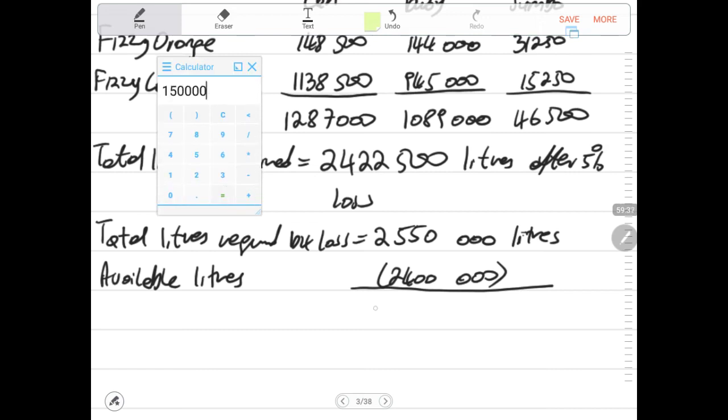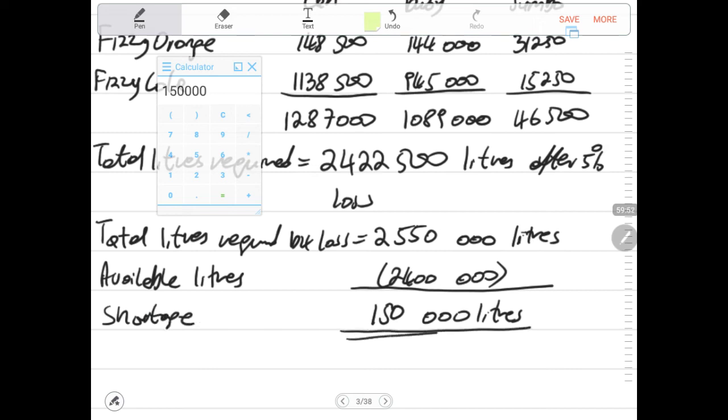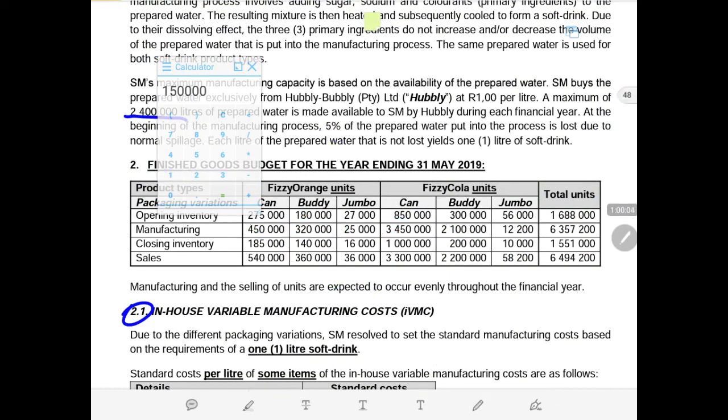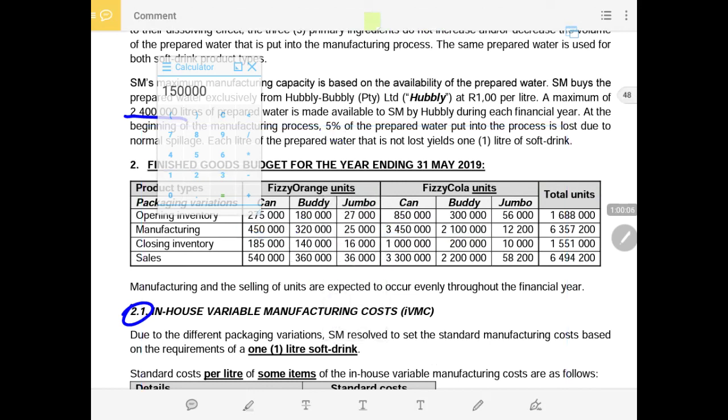When we deduct, we get 150,000 liters of water, which is a shortage. A shortage is 150,000 liters, because what we require is 2,550,000 liters in order to make sure that we produce according to our planned product variation that appears on our budget.